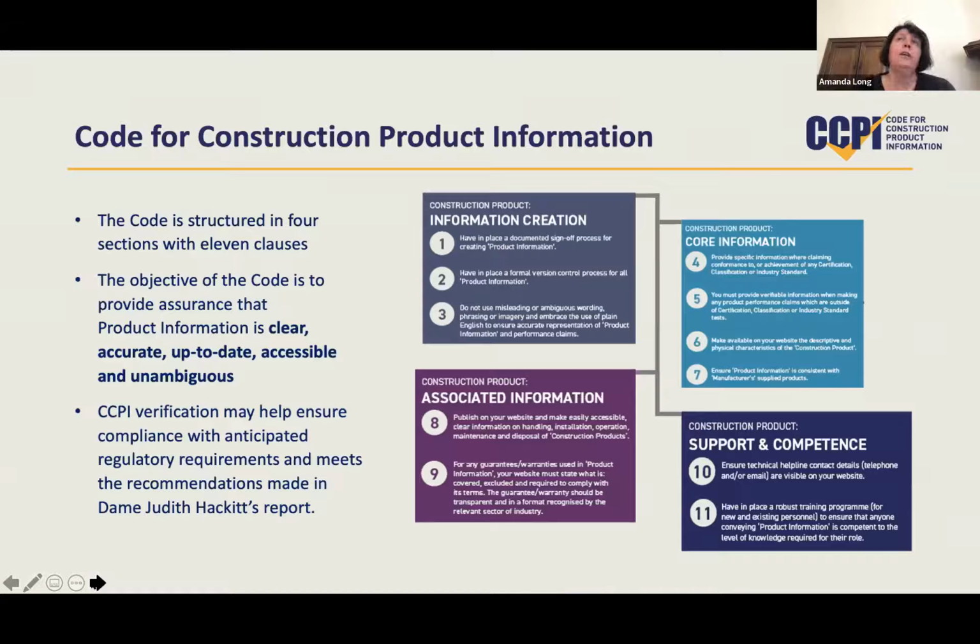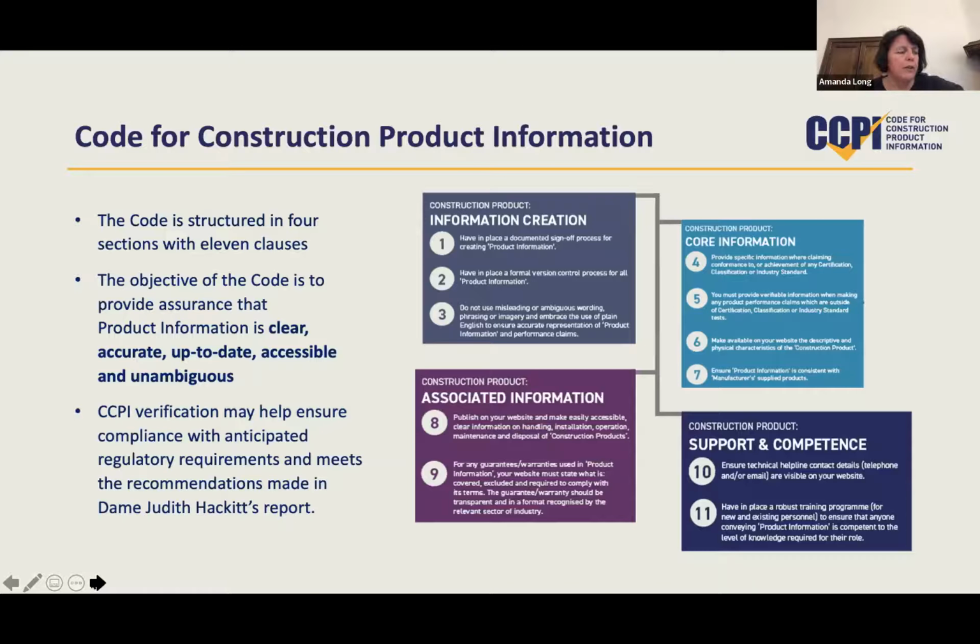It is important to say that it's early days for the code, and I could see very much the possibility for those core sections and 11 clauses to develop going forward, and possibly to link up with requirements in relation to sustainability or provenance or sort of other possible requirements.